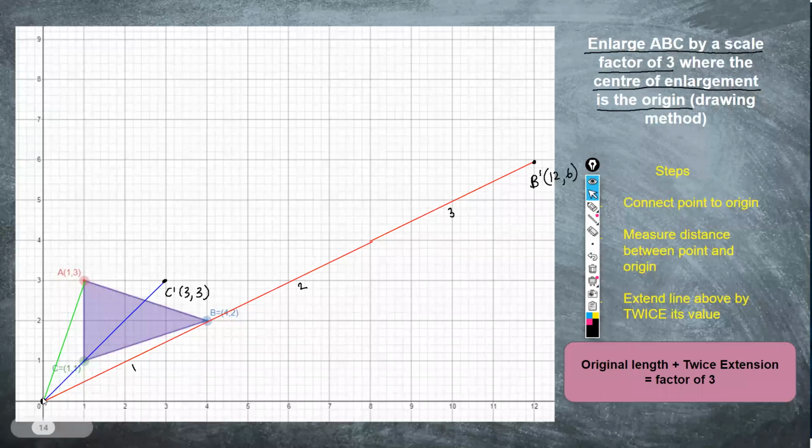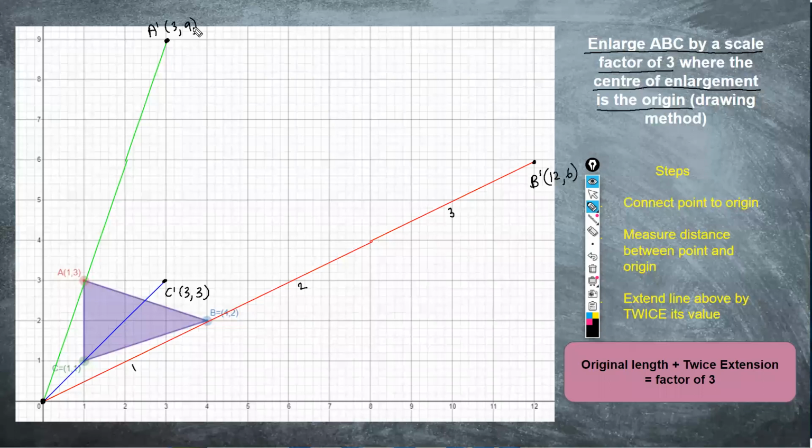In other words, if the length of this line was 4 centimeters on your graph, you're going to extend it by another 4 and another 4, making it 1, 2, 3. So extend it once again, that's that green line, and extend it one more time. And it should take you close to this point here, which is 3, 9, somewhere around there.